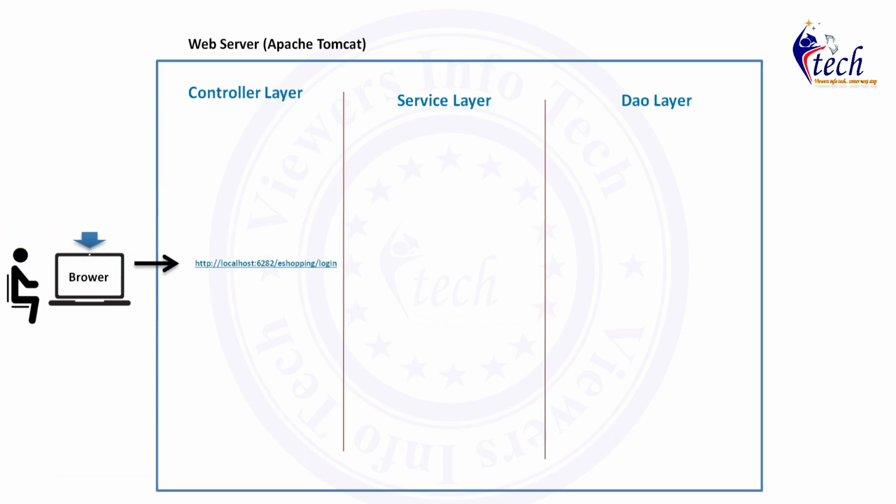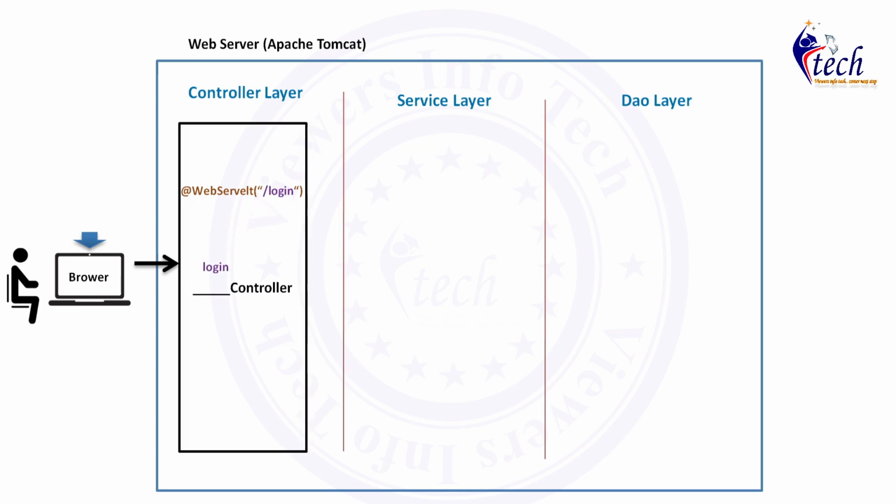The server identifies the controller based on the URL pattern. We have the WebServlet annotation in Advanced Java, so based on the URL, it identifies the URI pattern and calls the controller.